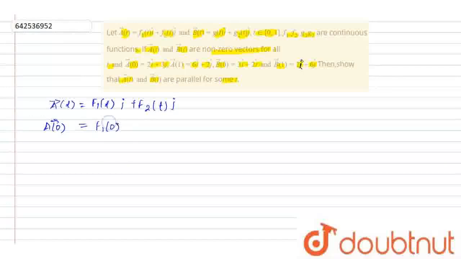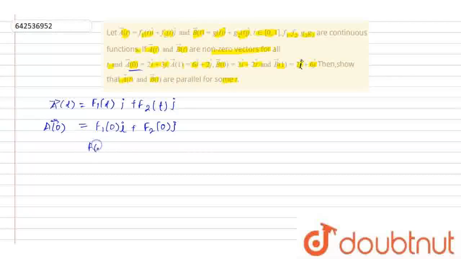So let's solve. Here it is given that the vector A(t) is equal to f1(t)i plus f2(t)j. The value of A(0) is f1(0)i plus f2(0)j. Now compare with the equation given in this question, that A(0) equals 2i plus 3j.